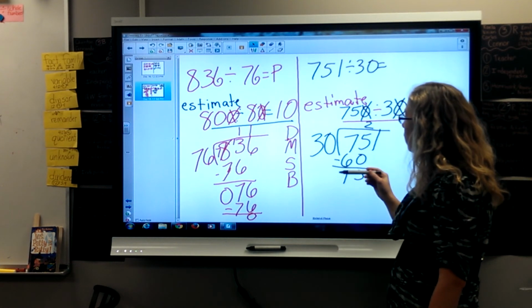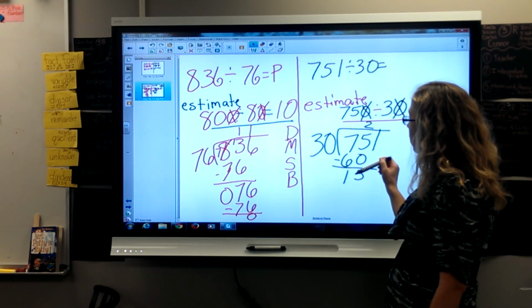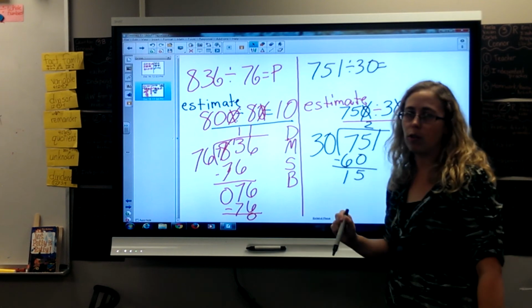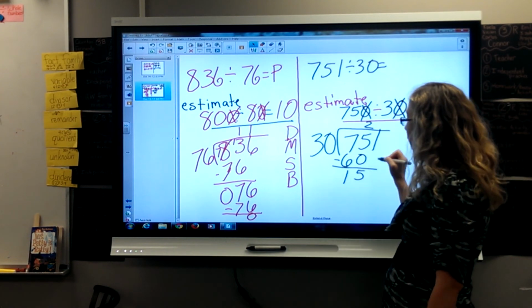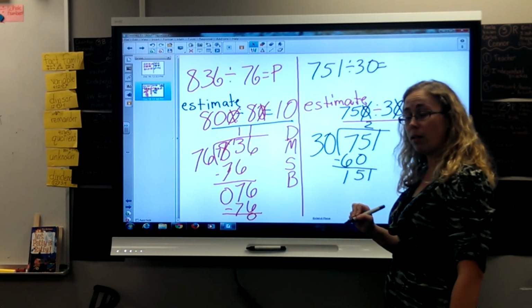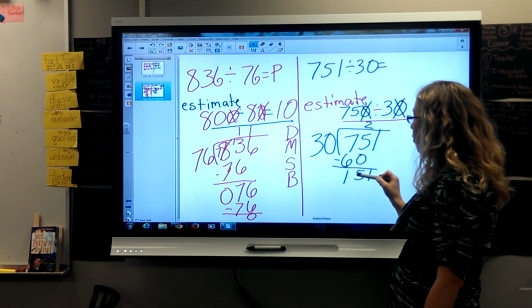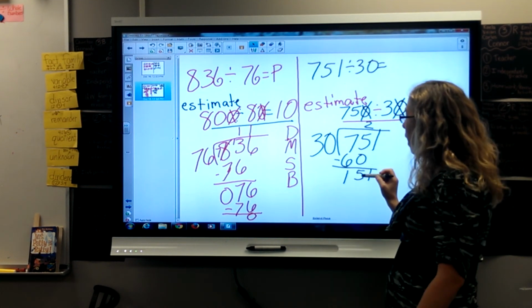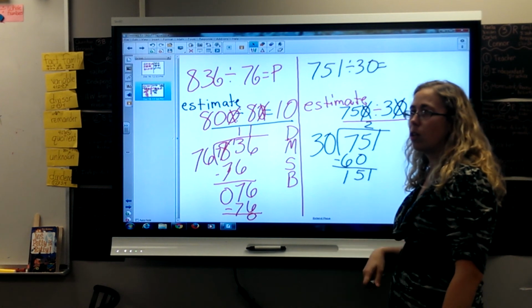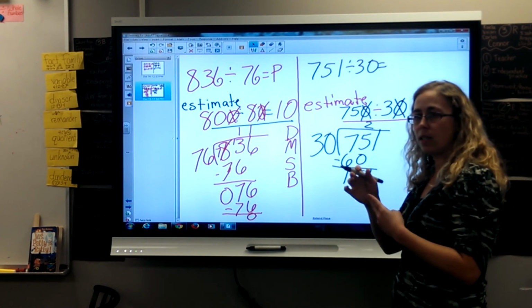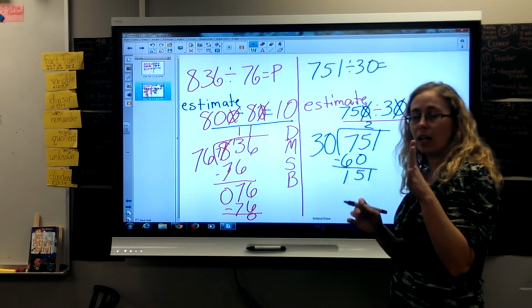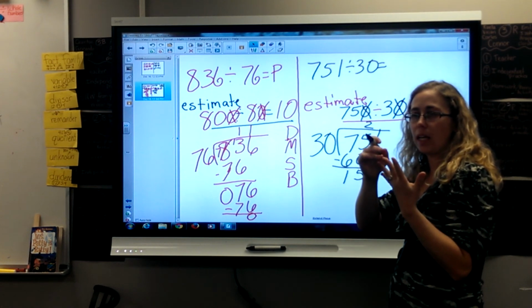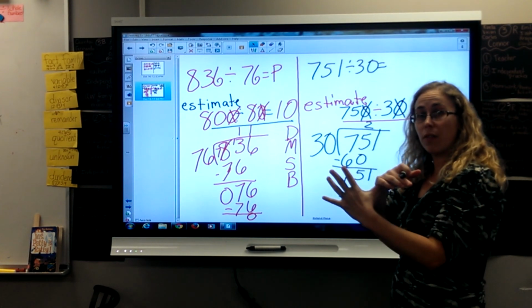So can we divide 15 into 30 groups? No, we can't, but when we drop down the 1, now we can. So if I have 150 things, how many times can I divide those into 30 groups? So 30, 60, 90, 120, 150.